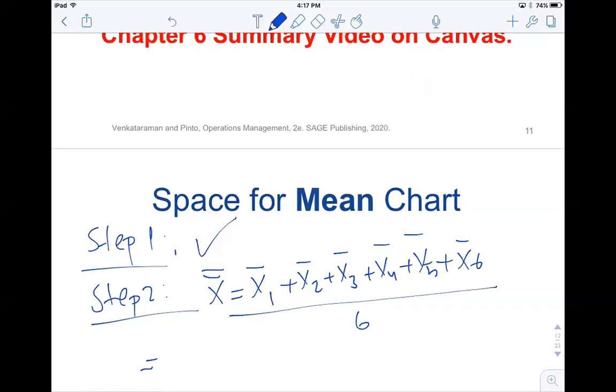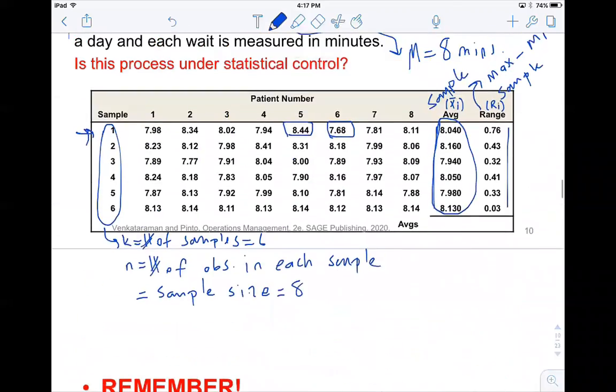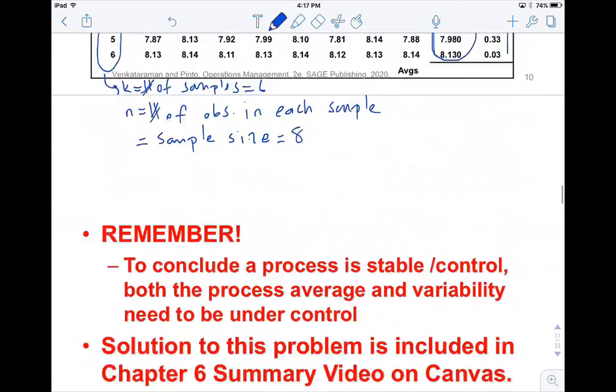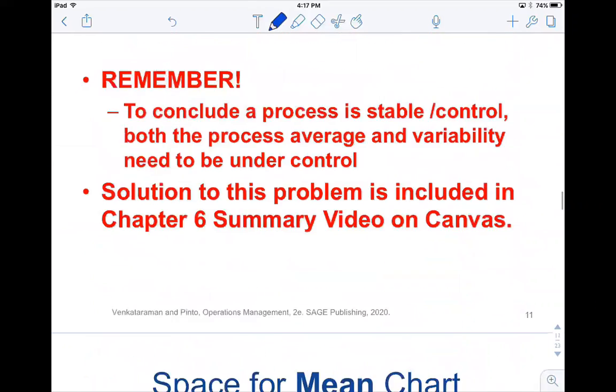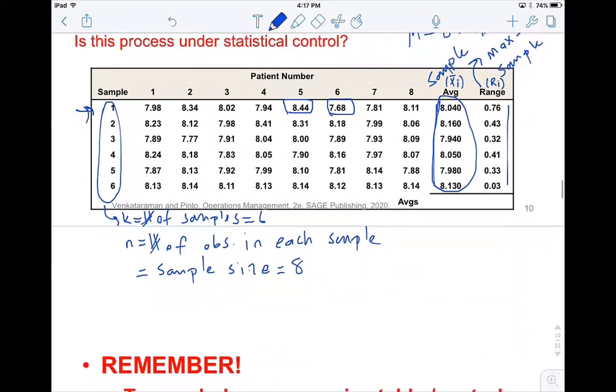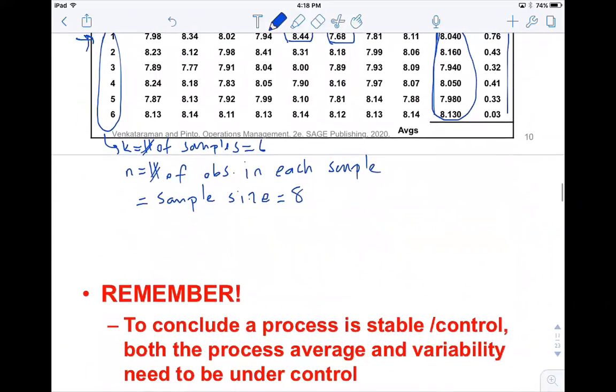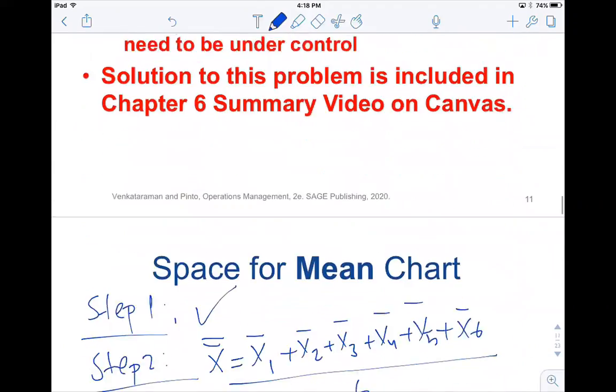Let's plug the values in: 8.04, 8.16, 8.16, 7.94, 8.05.